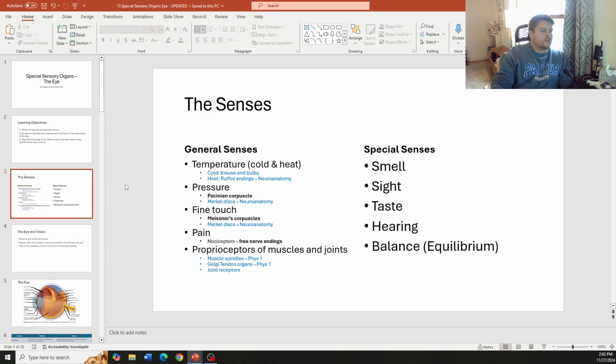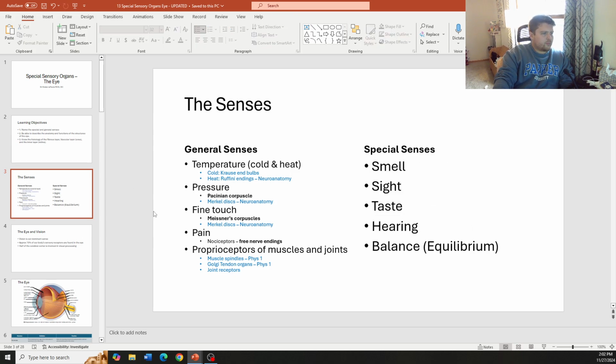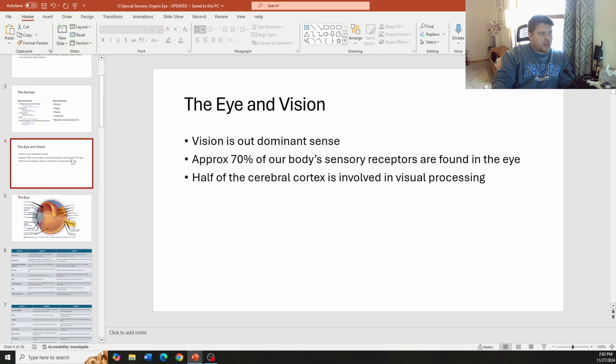The special senses are smell, sight, taste, hearing, and then balance or equilibrium. The two that we focus on in this course are sight and hearing and balance, mostly because these are the most important special senses to our functioning as humans.